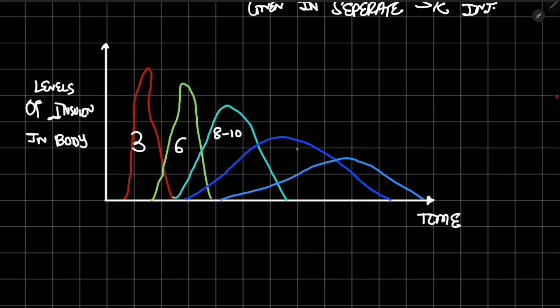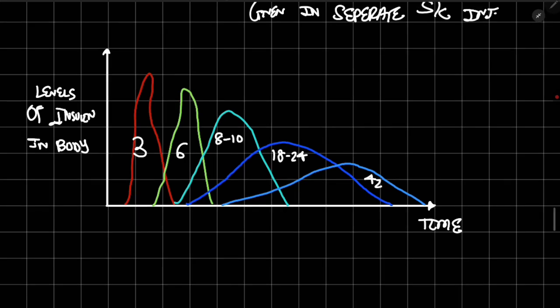So this is the insulin which is the long acting, and this is the insulin which is the ultra long acting. Since they have no peak, they are called peakless insulin. The peak is reduced as the onset of action is slower for long acting and ultra long acting.